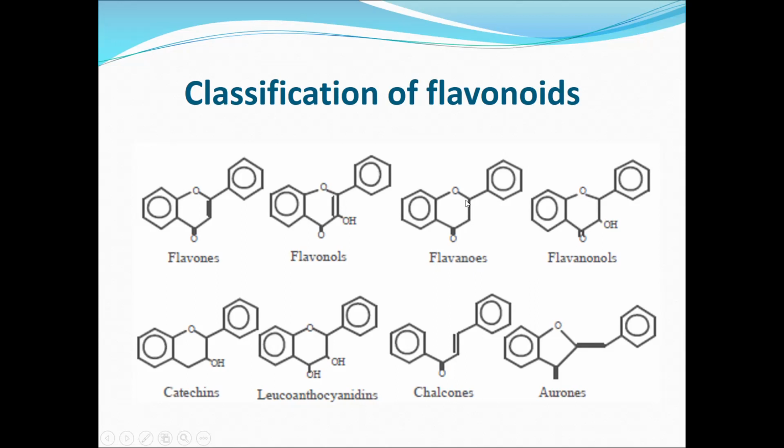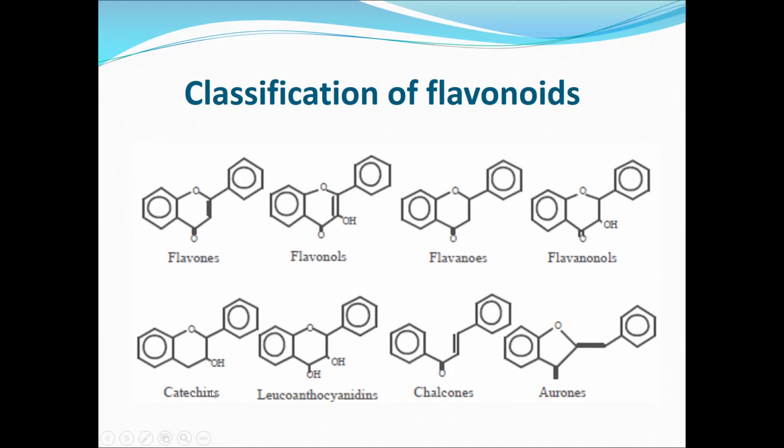Here you can see no unsaturation, that means at the 2, 3 carbon, no unsaturation. This is why they are flavanones. And flavanonols means flavanones with a hydroxyl group added.